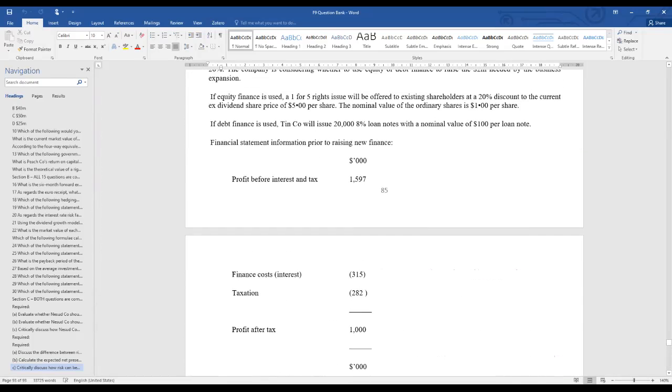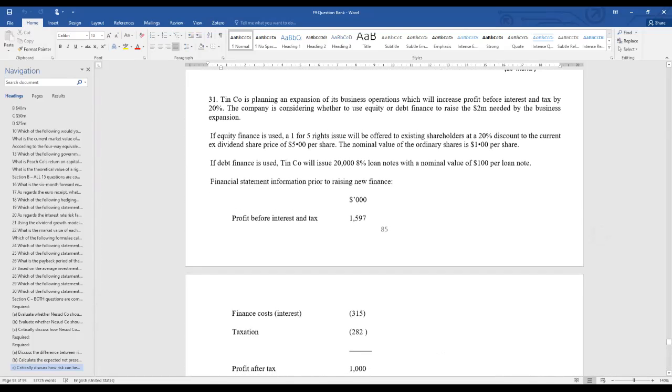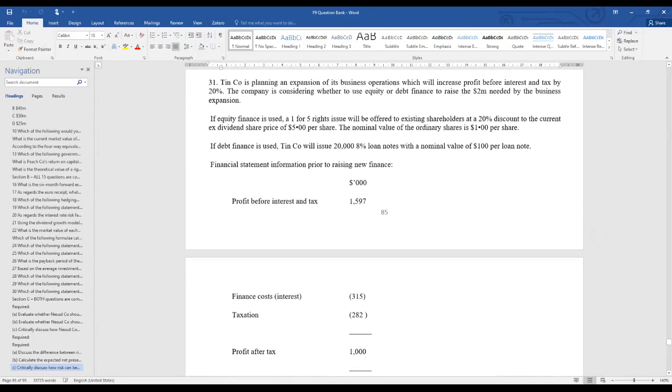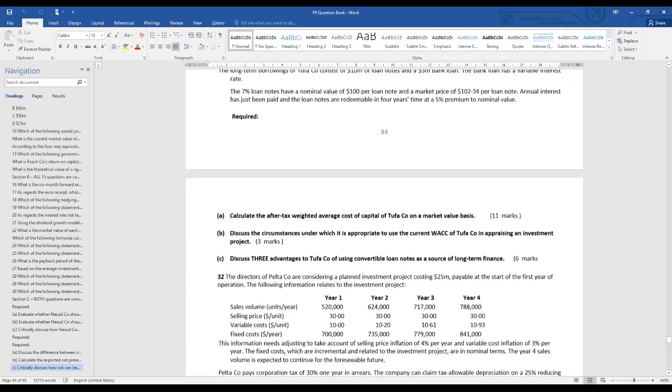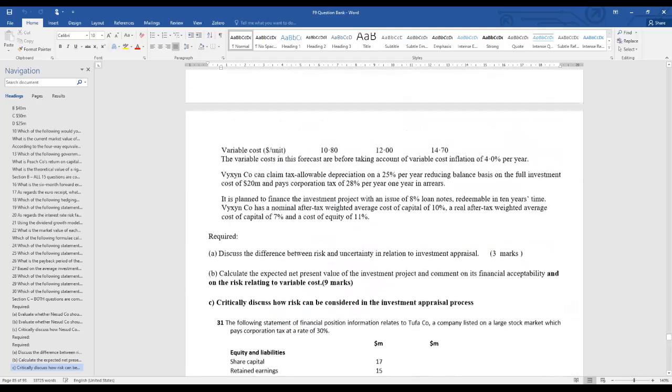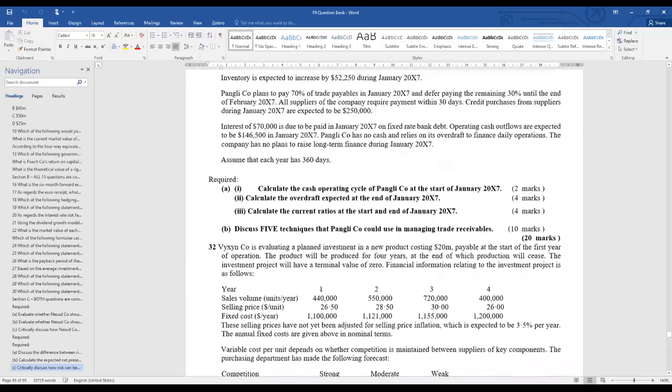I don't know whether they've done this question. Have we done this question? This Tin company. Yes, okay, you've done that. Let's look and we can get another one on rights issue shares.